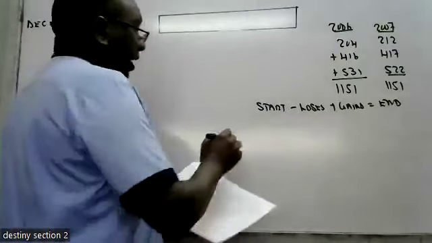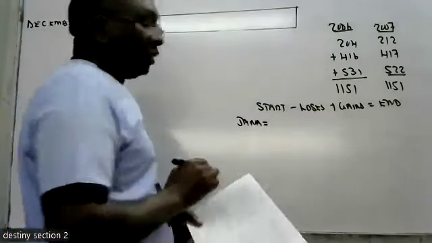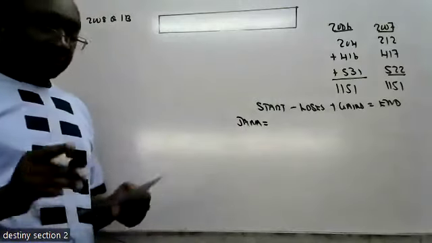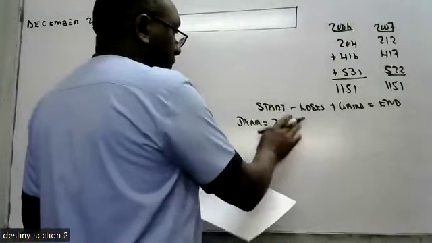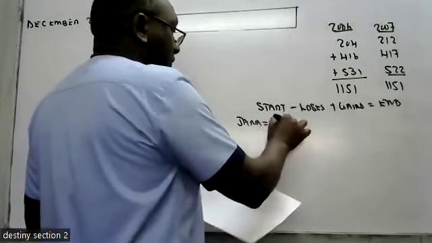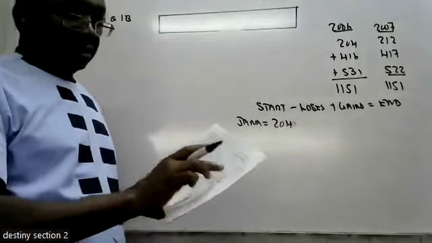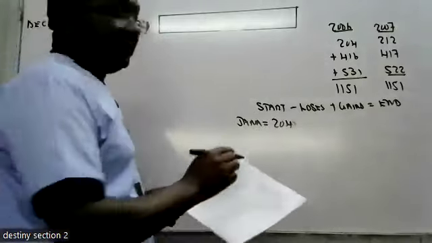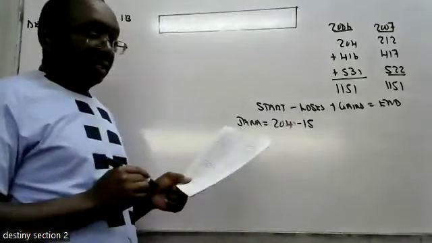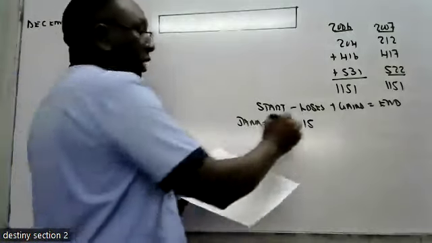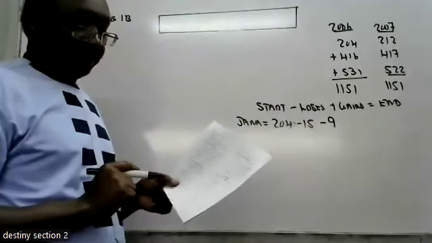Now, if you are to look at a company like Jana, if you are to follow Jana, they began with 204. And I've told you, or we have been given the losses too. So they lost 15 to Kesho, and they also lost 9, as you can see.